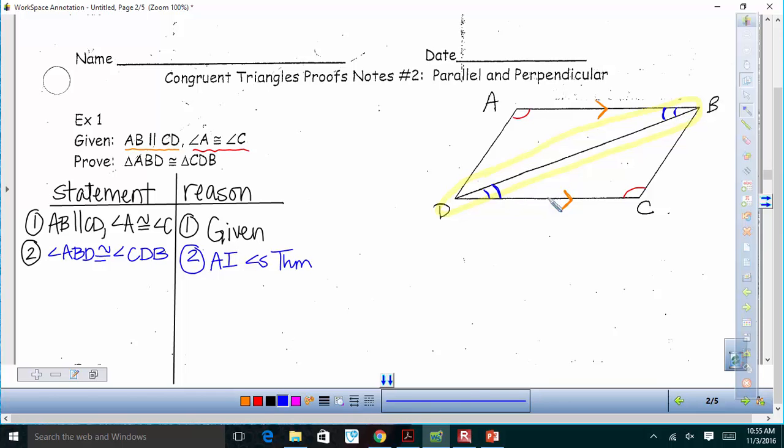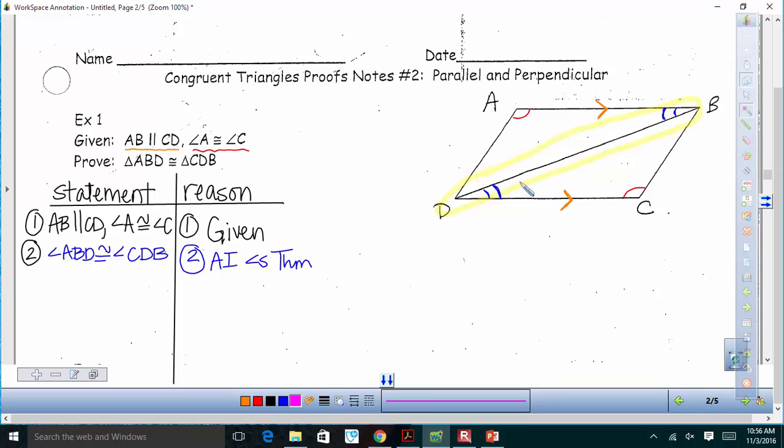Okay, now I have an angle and an angle, an angle and an angle. Is that going to help me prove these congruent? No, because does angle, angle, angle work? No. So now I need to find a side. So does anybody see a side in this picture that is the same?